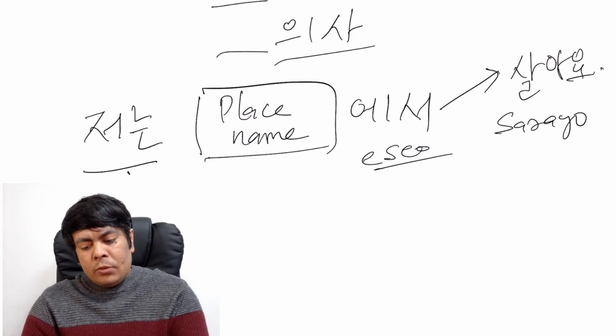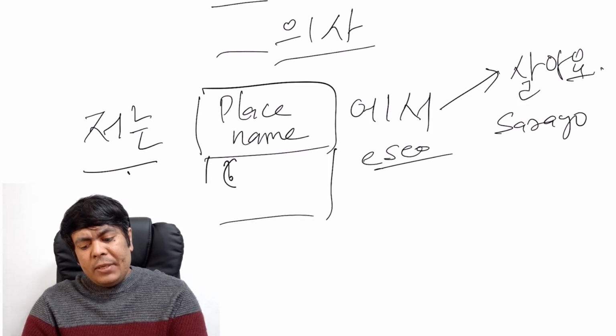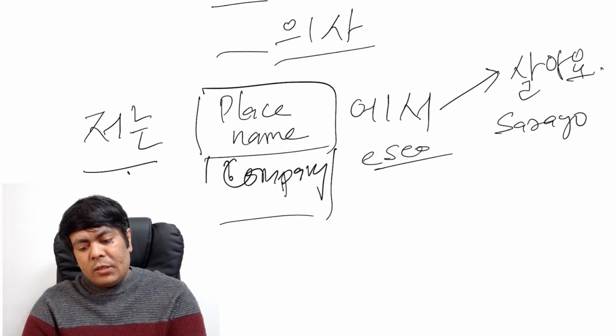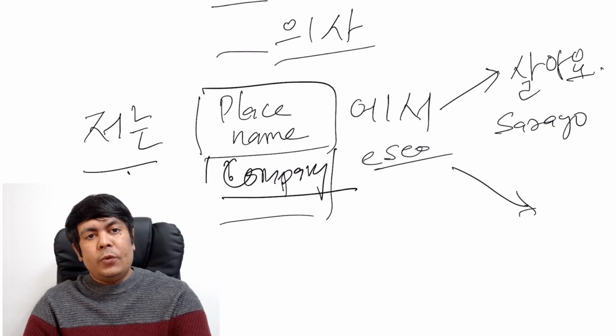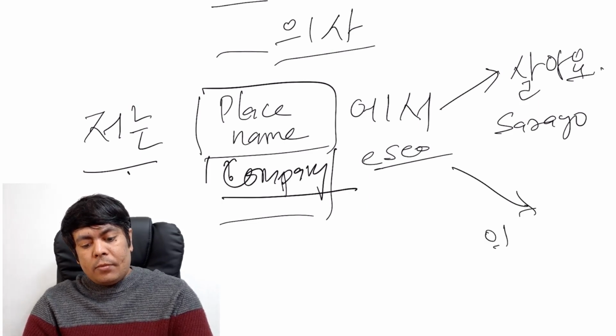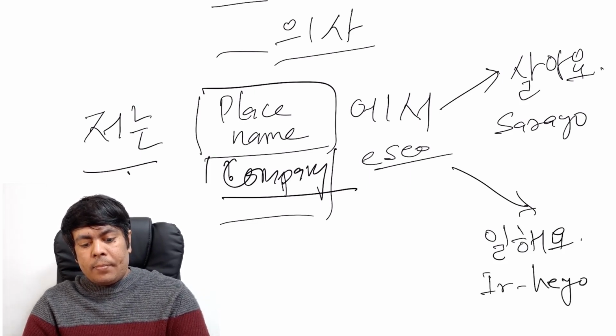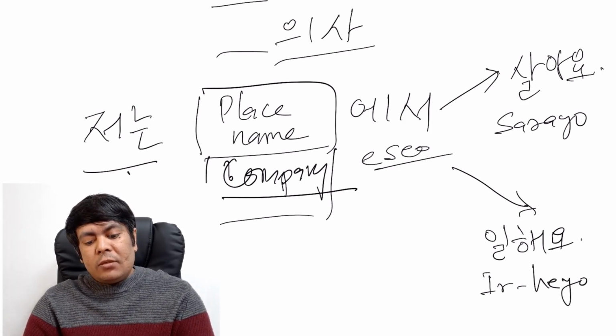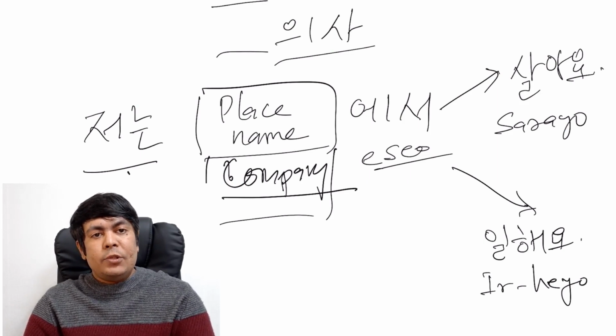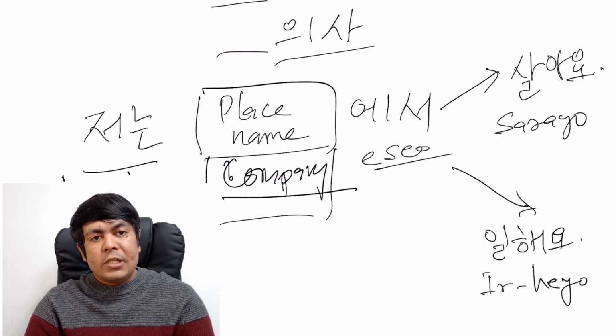And if you are talking about your workplace, your company name or where you work, it follows the same structure. Only instead of 살아요, you will say 일해요. Let's say you work at Samsung: 저는 삼성에서 일해요. 저는 델리에서 살아요. 저는 인포시스에서 일해요. 저는 마이크로소프트에서 일해요.